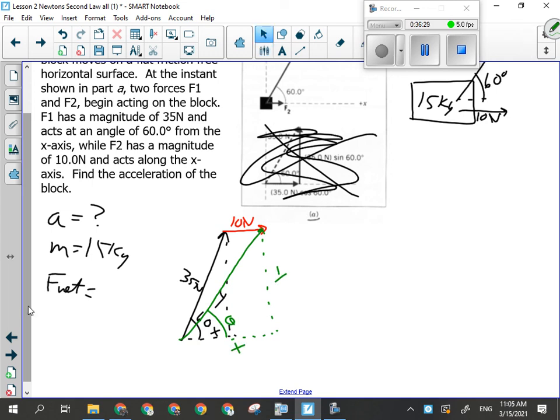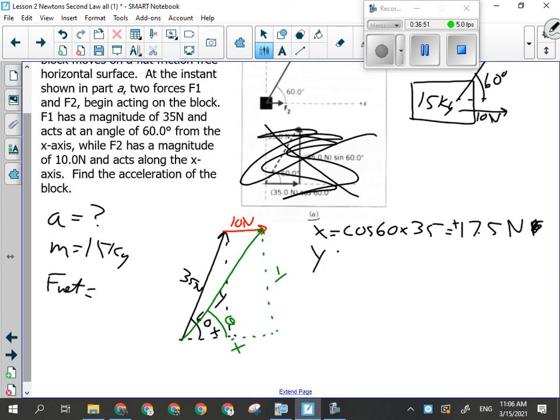All right, so our next thing then is we need to find y and x for the black one. So x is the adjacent side, so that'll be the cos of 60 times 35, which is 17.5 newtons, and that'll just be positive because it's along the x-axis. That's all they gave us.